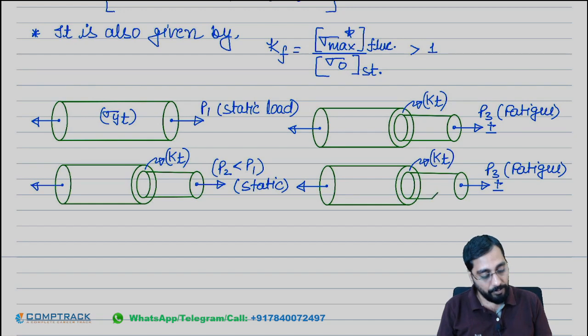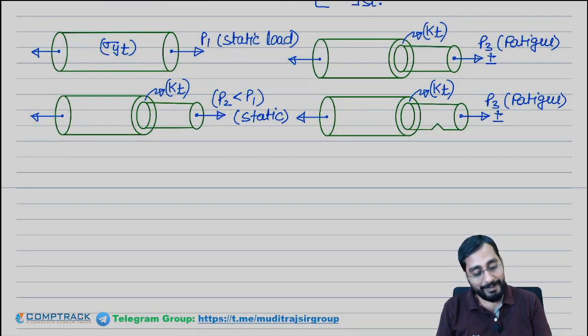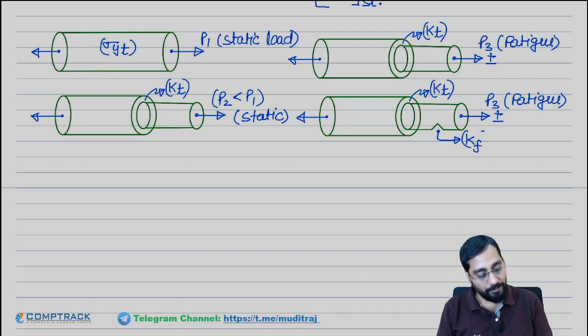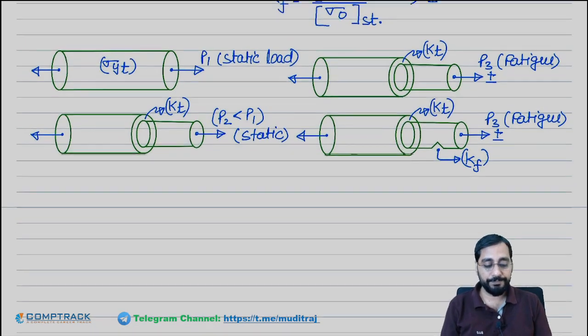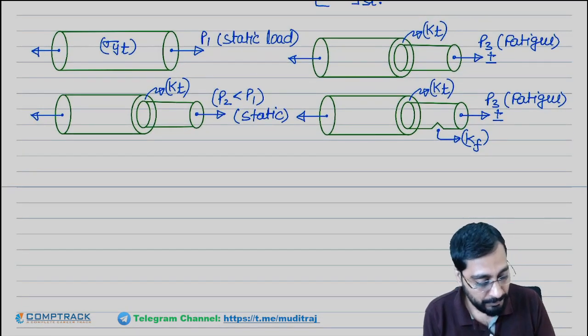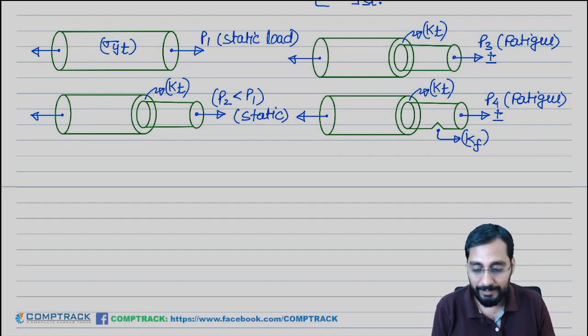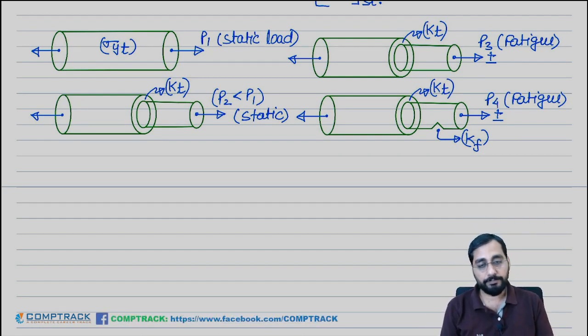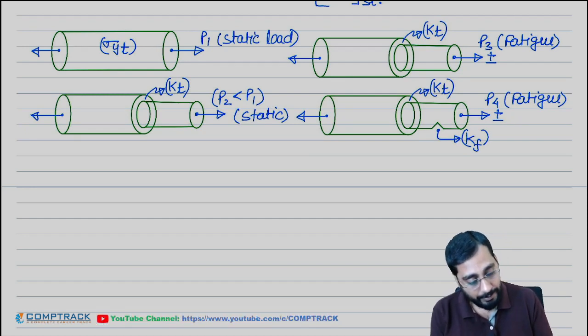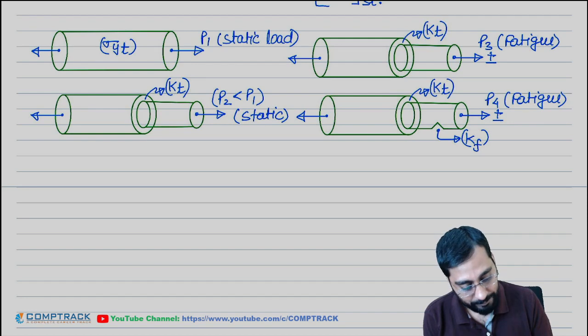When the notch is there, then the Kf factor will also come in picture. Yes or no? Got the point or not? Then even at a load of P4, failure will start. Okay.